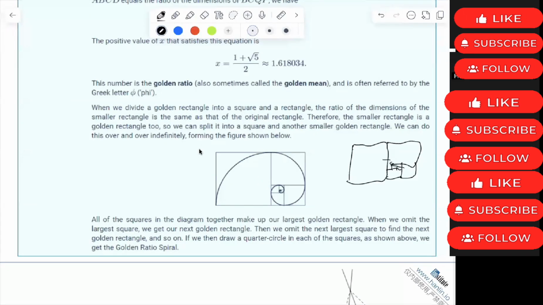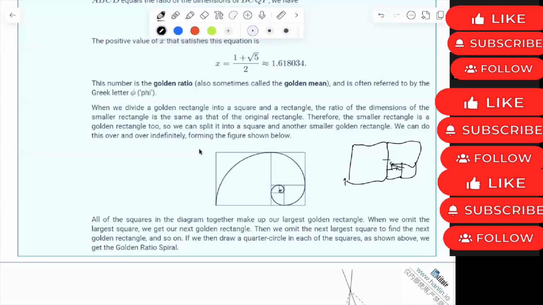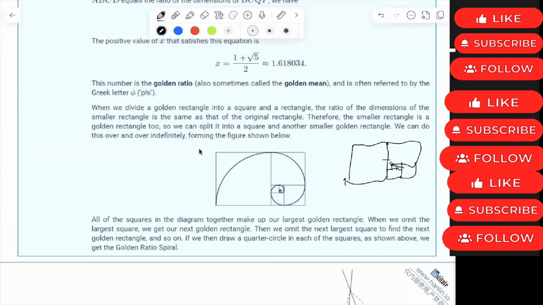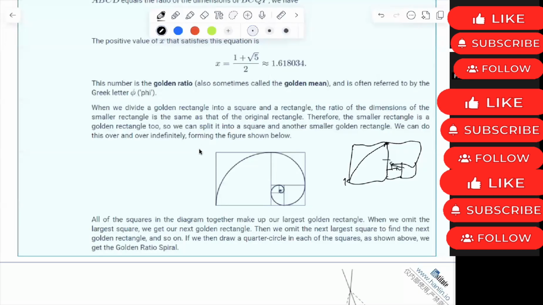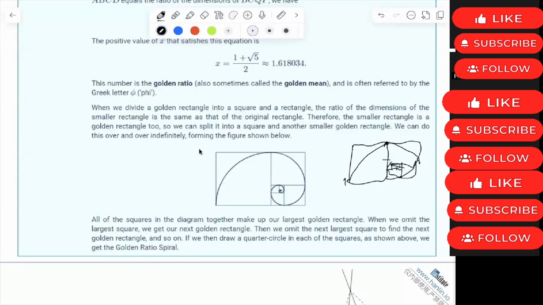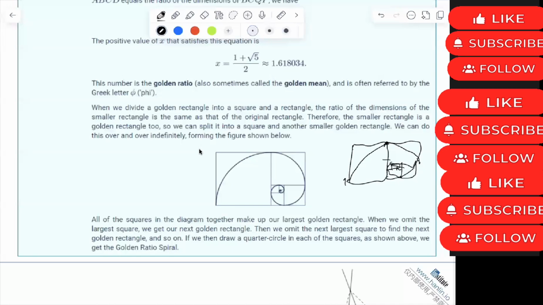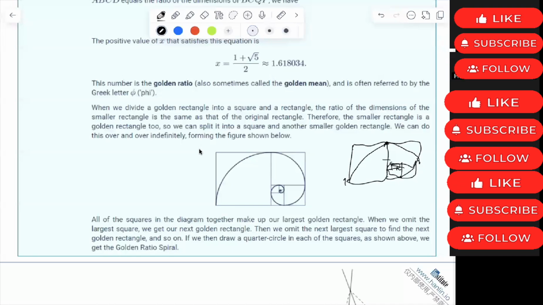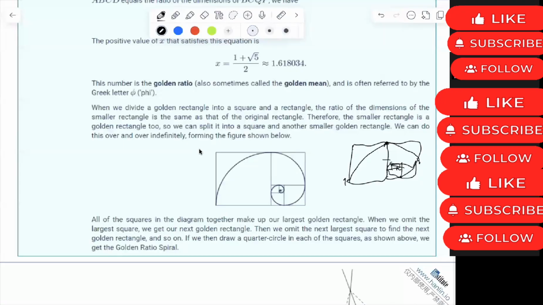And so on. It repeats, and then you can connect the endpoints of the squares to create an arc that spirals downwards. You can see it like this. Well, this is not the best way to describe it, but I hope you guys understand this.